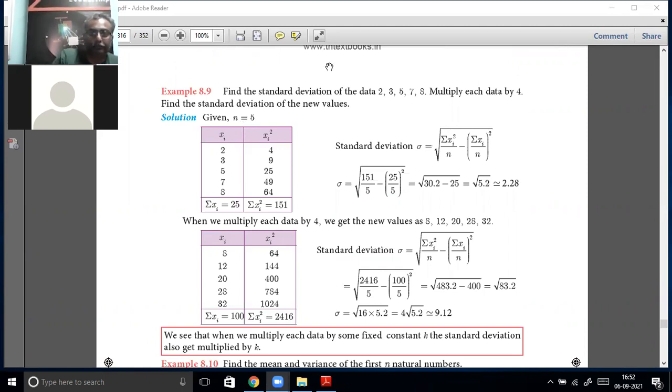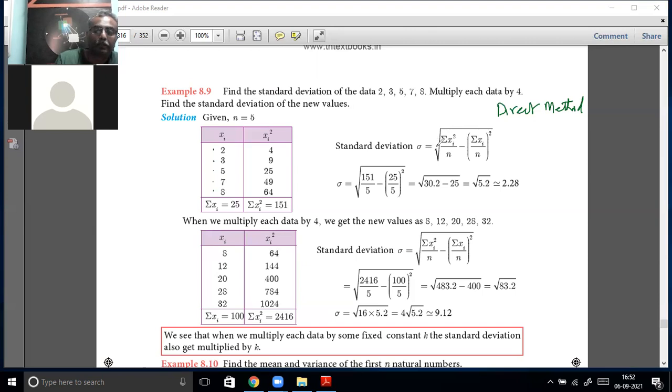So what you do, you put x of i down vertically: 2, 3, 5, 7, 8. What you have to do? Formula again, simple direct method only. You have to use this formula only. You should know the formula by heart. Sigma x of i the whole squared... it is sigma x of i squared by n minus sigma x of i by n the whole square.